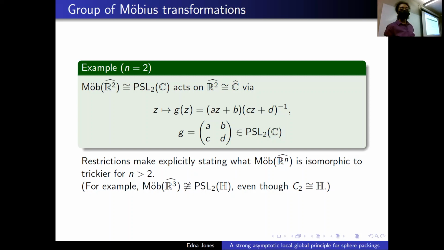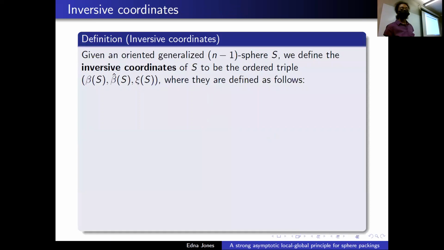So in order to get our Mobius transformations acting on spheres, we need to be able to talk about how we're parameterizing spheres. To do this, we use inversive coordinates.